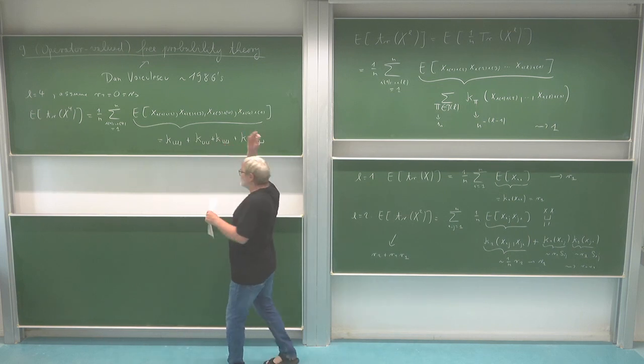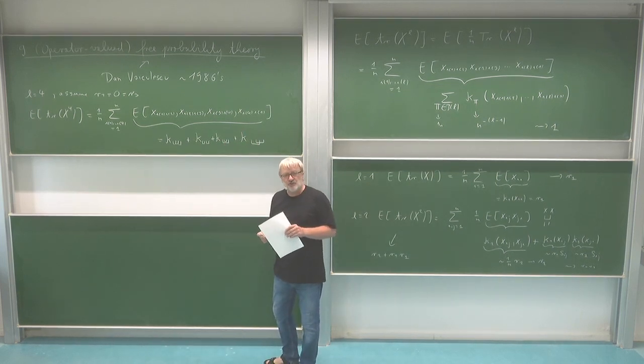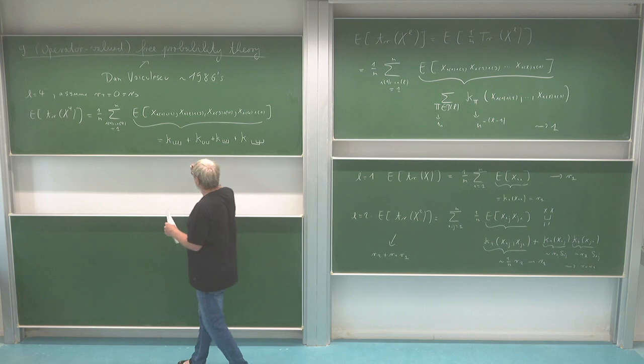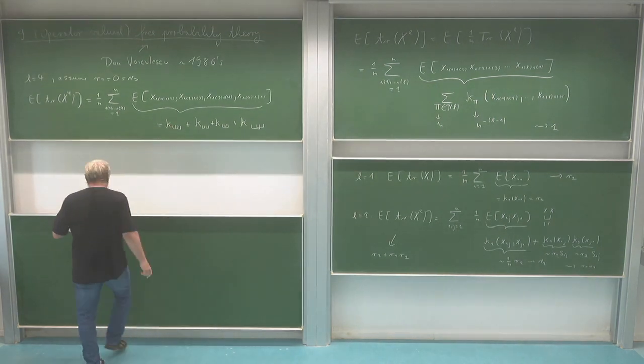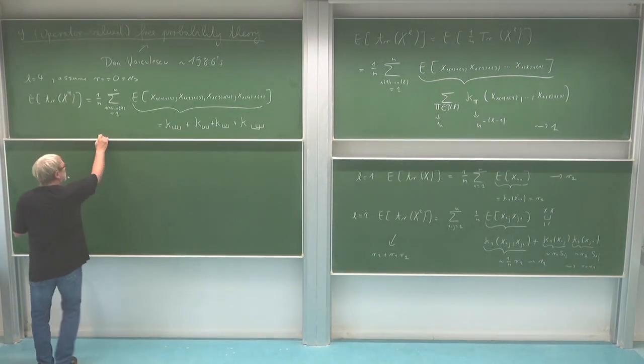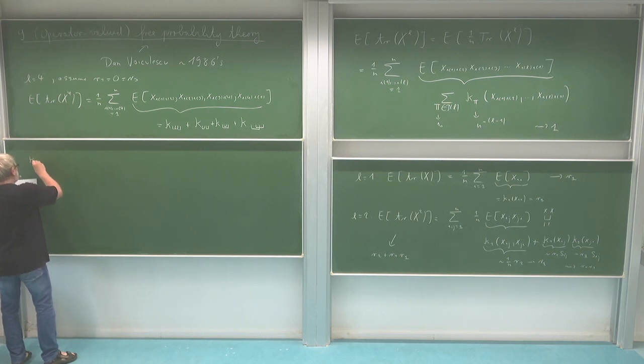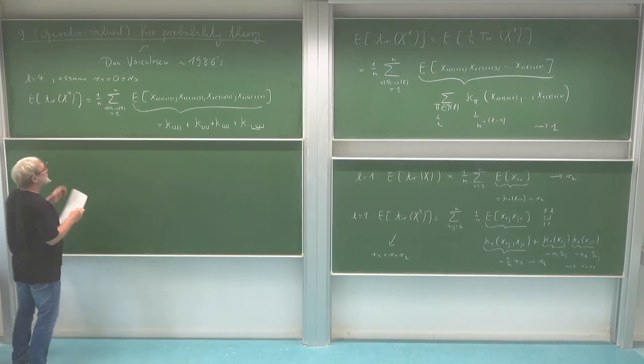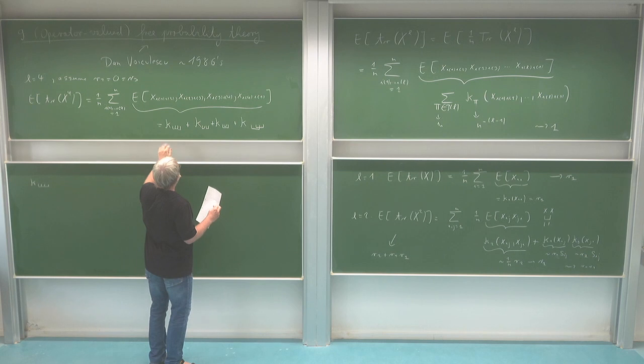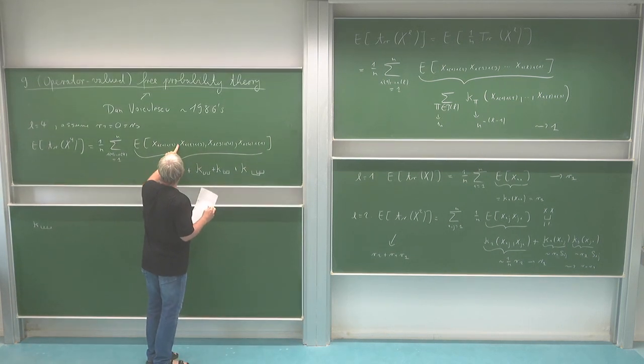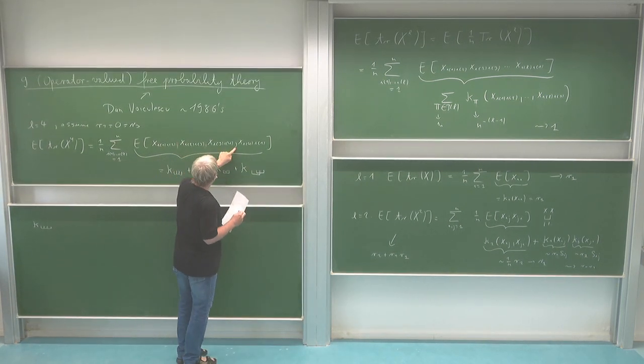Those would give the same contribution, but now we have to see that actually here the situation is different. But let us first look at kappa 4. So kappa 4, what is this? This is just taking the cumulant. Actually here I have the product, so here I don't have commas.